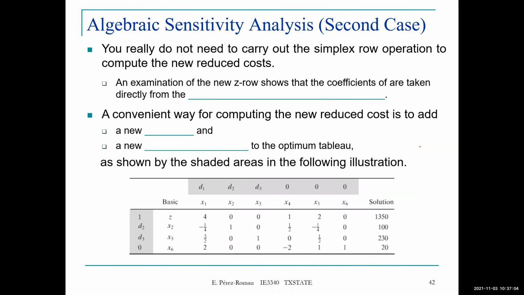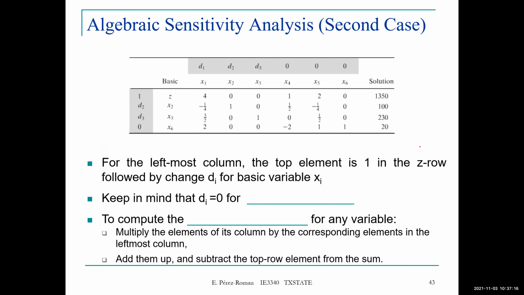So if you have the optimal tableau, you can obtain those coefficients by performing the following operation. You add this row at the top, you add this column at the left, and then for the leftmost column, the top element is 1, right here, in row 0, followed by change di for basic variable xi.